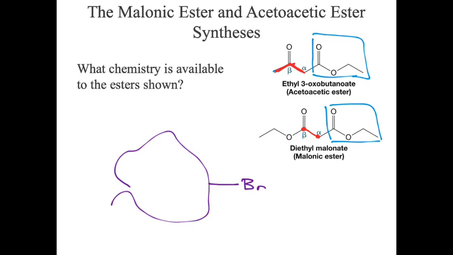How do I get those 2 more carbons on it? I can use the malonic ester synthesis because that carbon can be made into a nucleophile that can attack and eject. I want 3 more carbons? I can use the acetoacetic ester synthesis and have it attack instead.